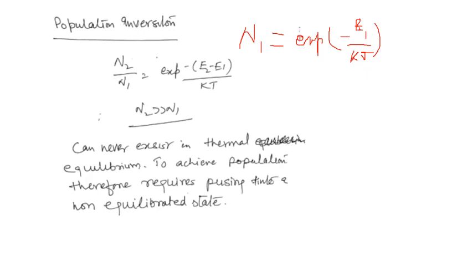Similarly, you can also write down the value of N2 as an exponential of minus E2 over KT. E1 and E2 are the energies of the energy levels, K is the Boltzmann constant, and T is the temperature.